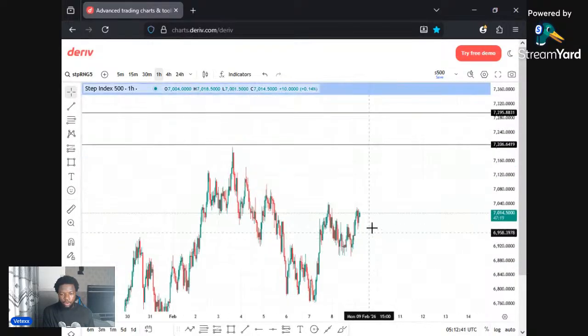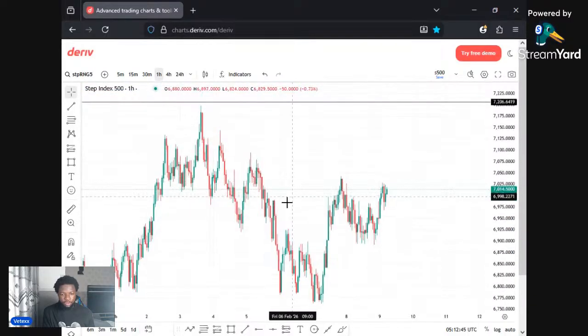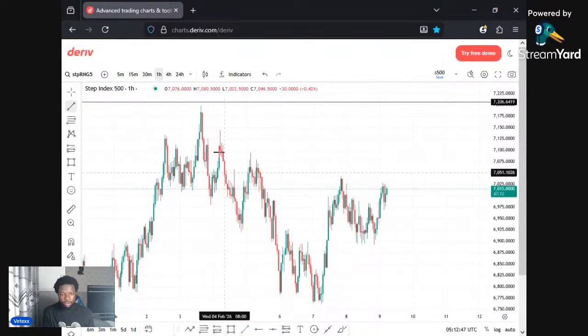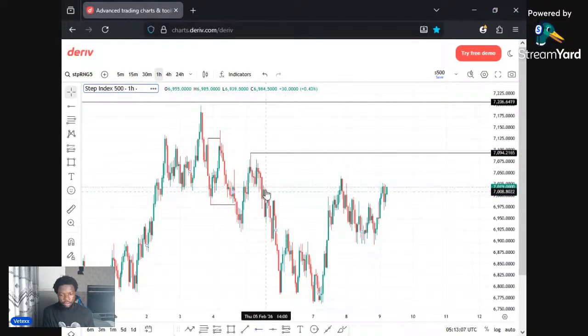So on this 1 hour, we have a structure here, which is, number one, we have what? Sweep of liquidity, first break of structure. So we have our first break of structure, which is here, and then we have our structural liquidity, we have our second break.